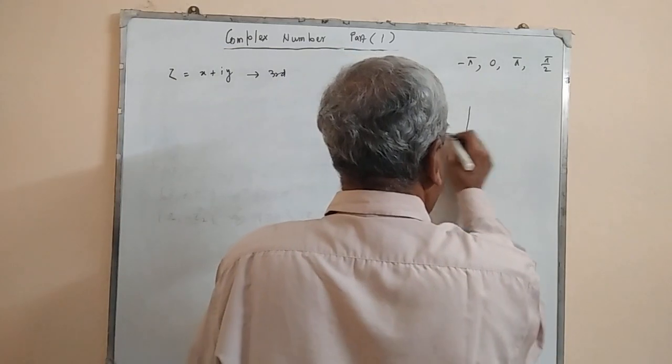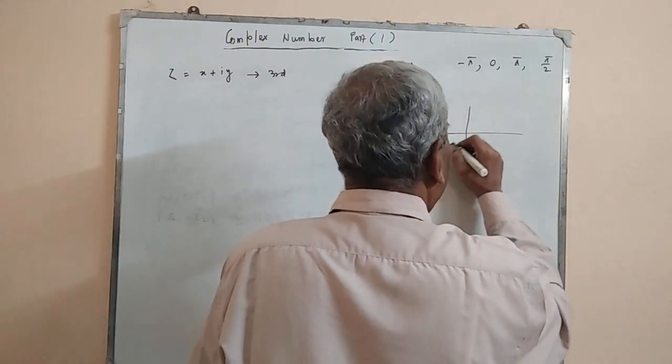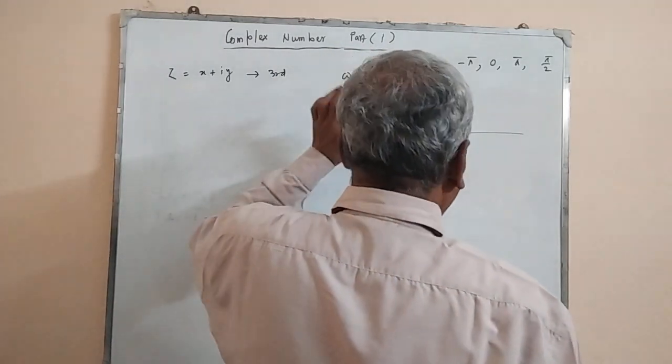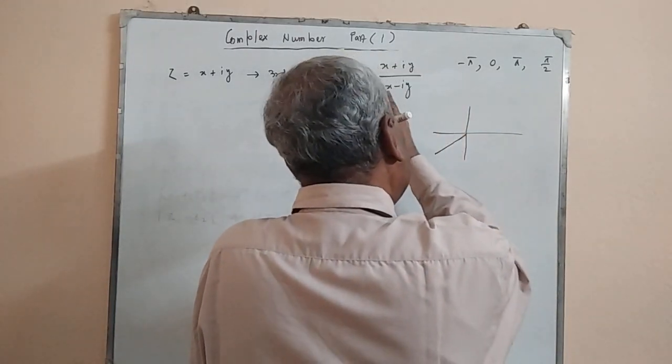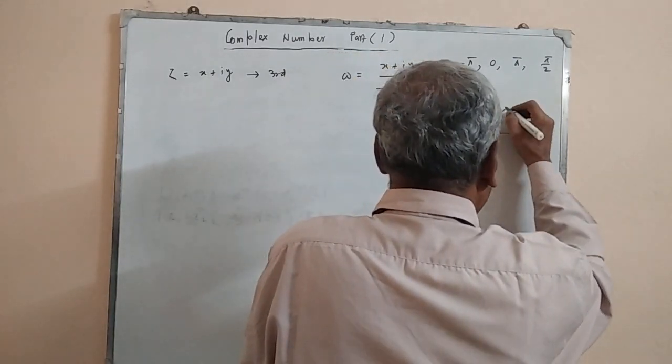Then z is here. And this is minus z, where x is negative so it is positive, and this is also positive. So it lies in the first quadrant.